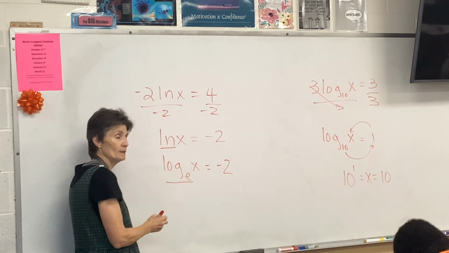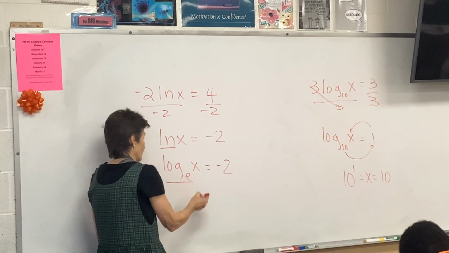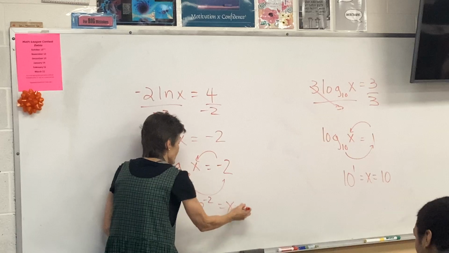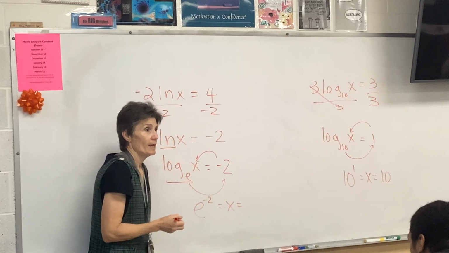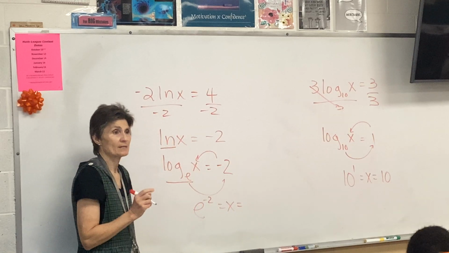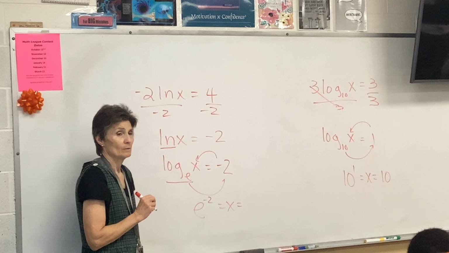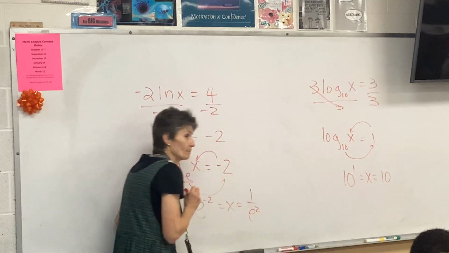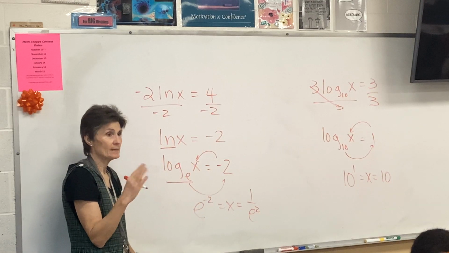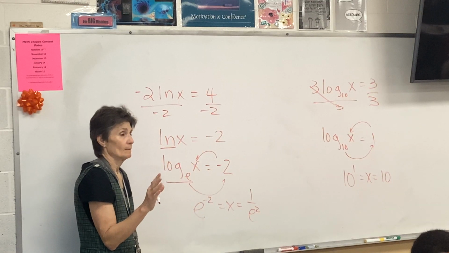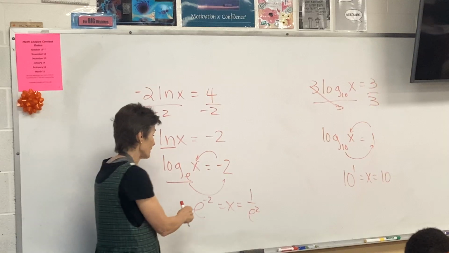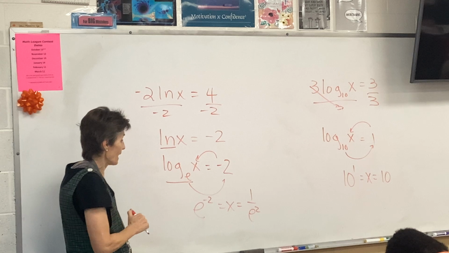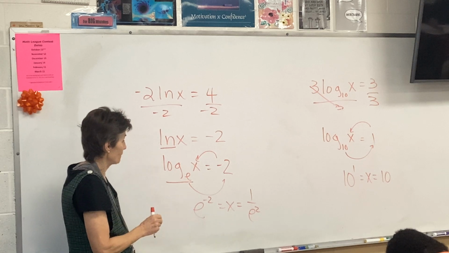And then can we loop-de-loo? e to the -2 equals x. And what does e to the -2 mean? 1 over e squared. And you're allowed to stop right there. e is e, it's fine. We don't want to have a negative exponent, so we're going to rewrite it as 1 over. But that is correct.